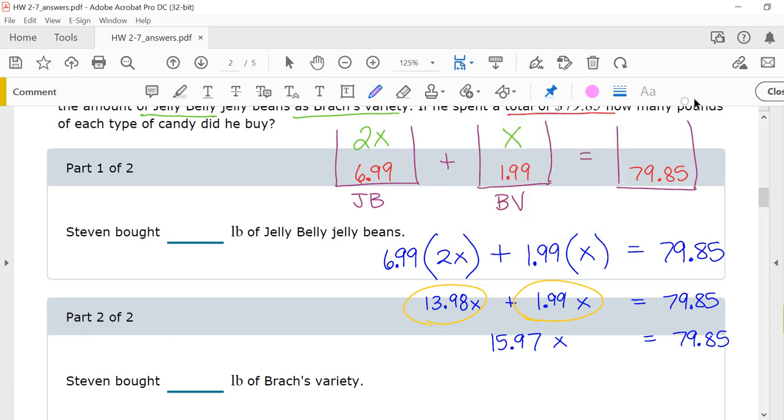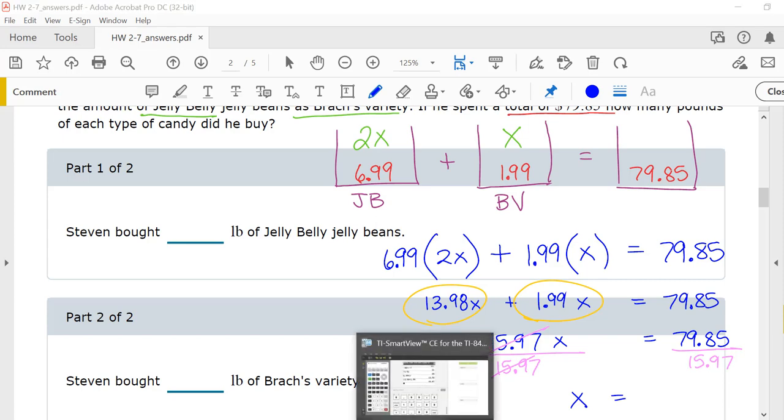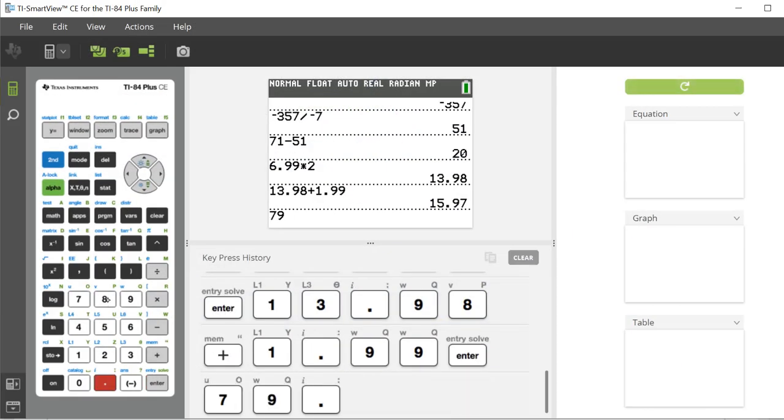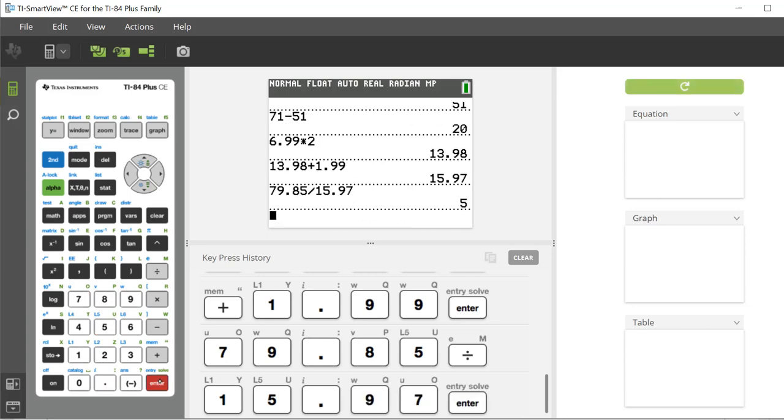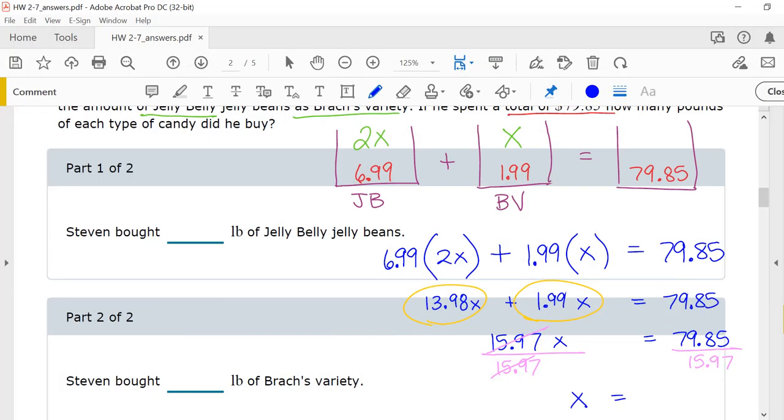Dividing both sides by 1597 leaves me with x equals 7985 divided by 1597, which is 5.